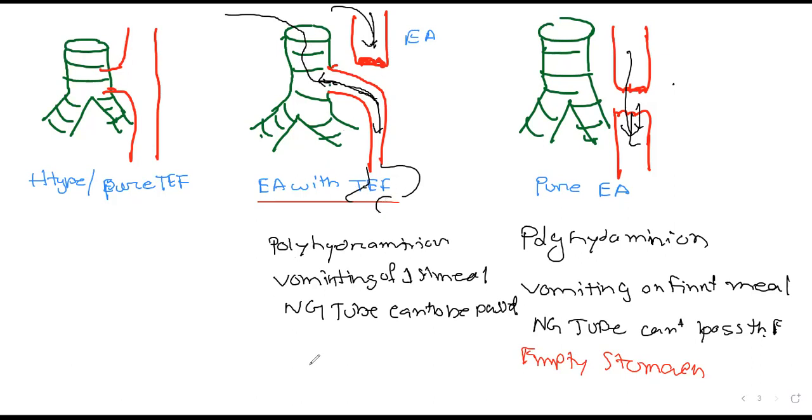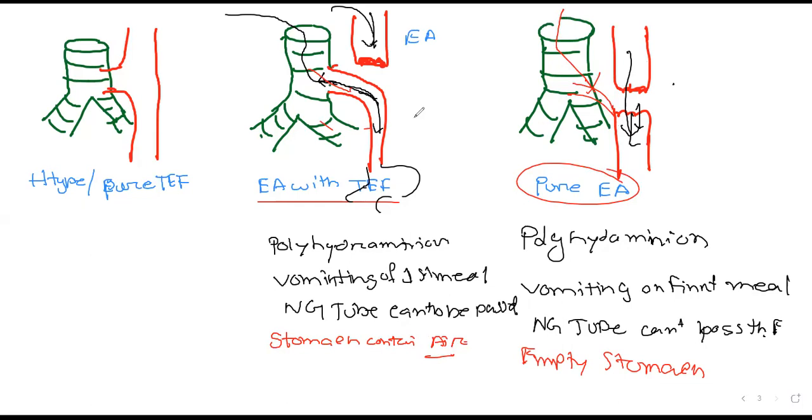So we will see air in the stomach. This air was not present in the pure type because there was no connection between there and there.